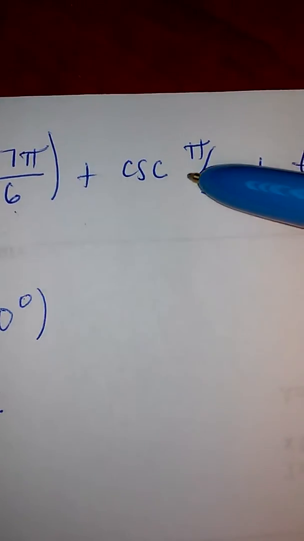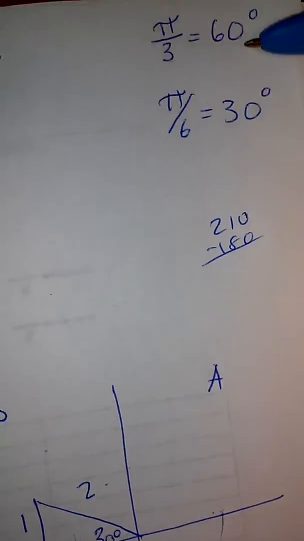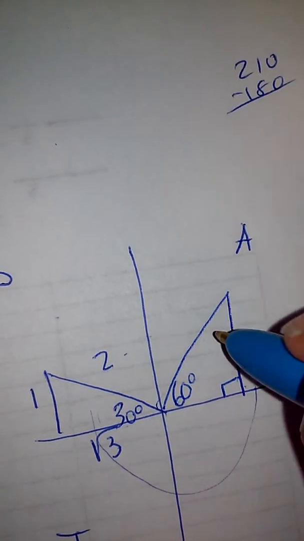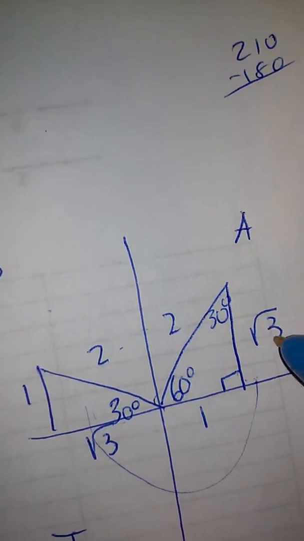And then cosecant of pi over 3. I just happen to know that pi over 3 is equal to 60 degrees, so if you don't mind, we'll take that shortcut right now. 60 degrees. It's hard to write holding this phone. It's 30, that's 1, that's 2. What was I looking for? Cosecant of pi over 3.